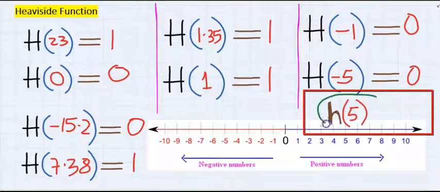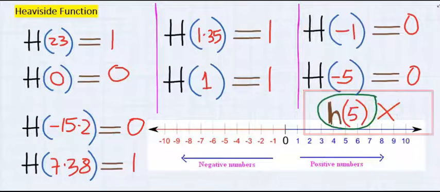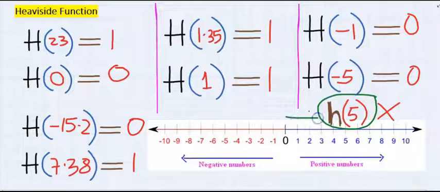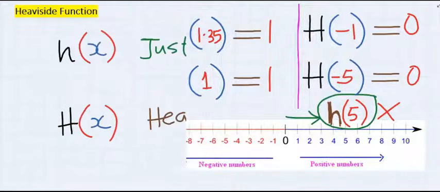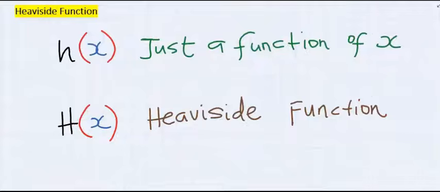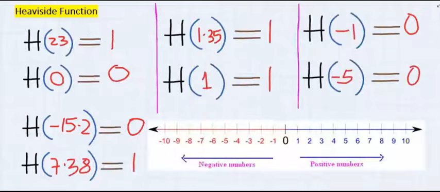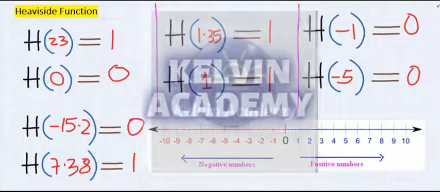And if you are given this small letter h to look for the Heaviside, it does not exist because Heaviside cannot be a small letter h. This is just a function, but not Heaviside. Always remember this. However, you won't see it like this in the exam.